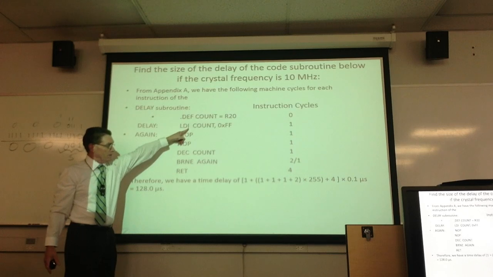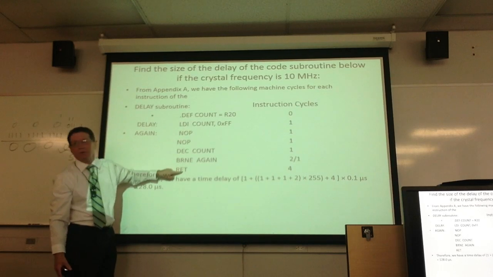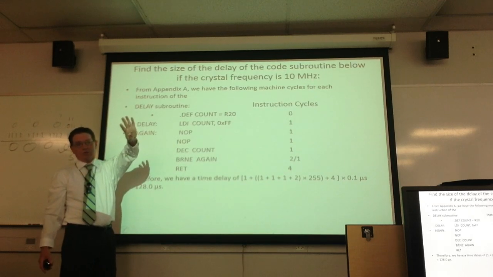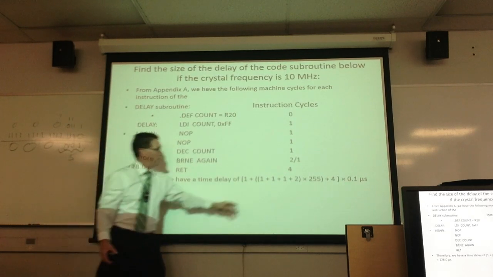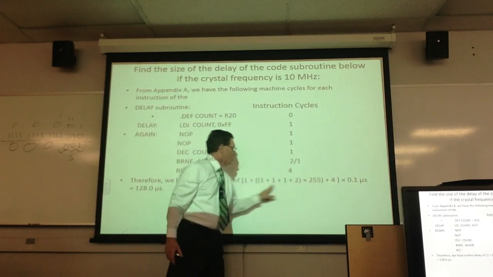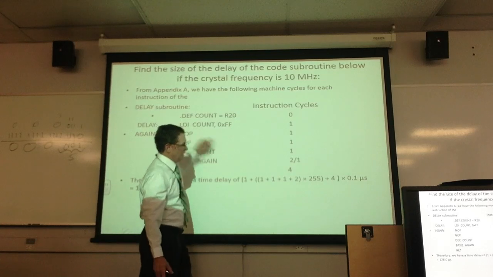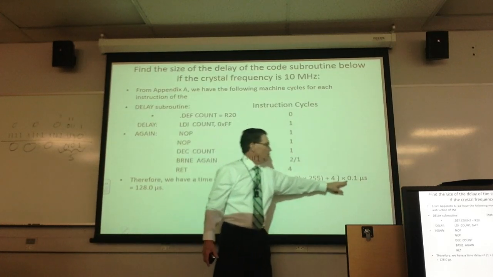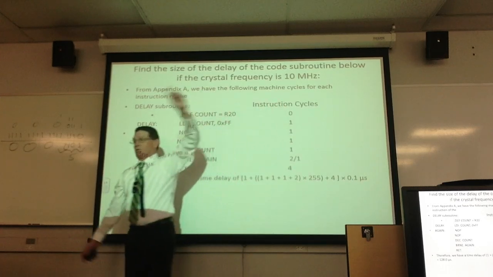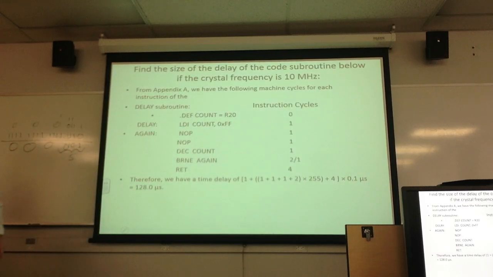And then the return, since this is a subroutine, takes 4 instruction cycles, if you look it up. That's where we have the 4 down here. This takes care of my loop, and this takes care of what's outside my loop. What's outside my loop, I multiply by 1/10 of a microsecond because my machine's running at 10 megahertz. It's just 1 over 10 megahertz.